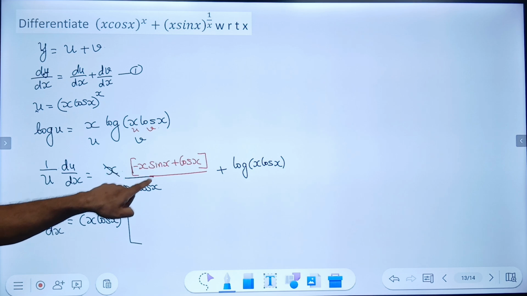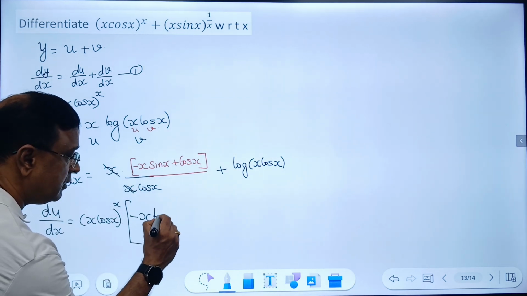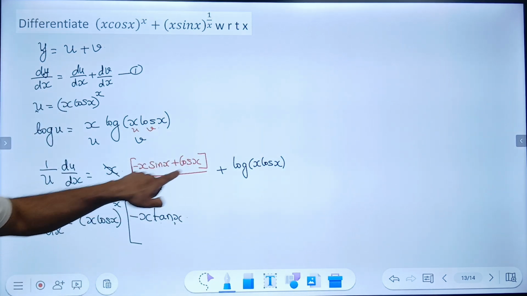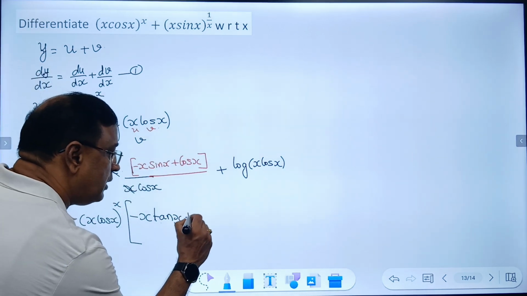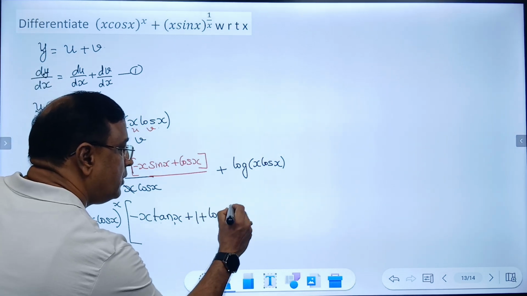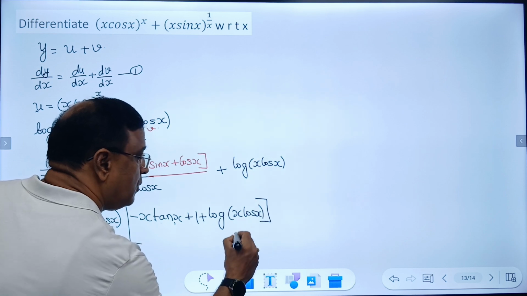Now sine by cos is tan. Cos by cos will be 1 plus log of x cos x. All this as a.